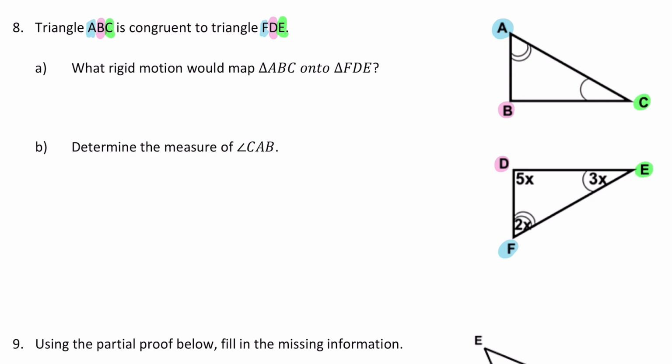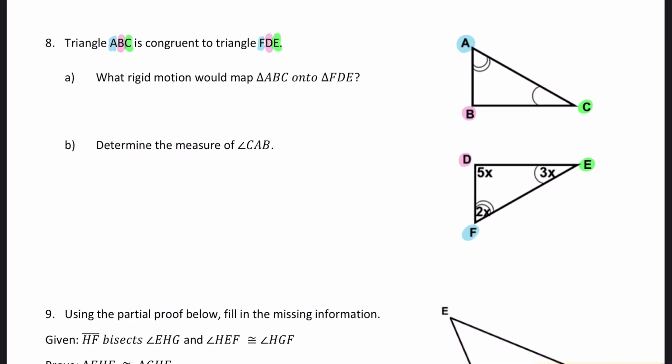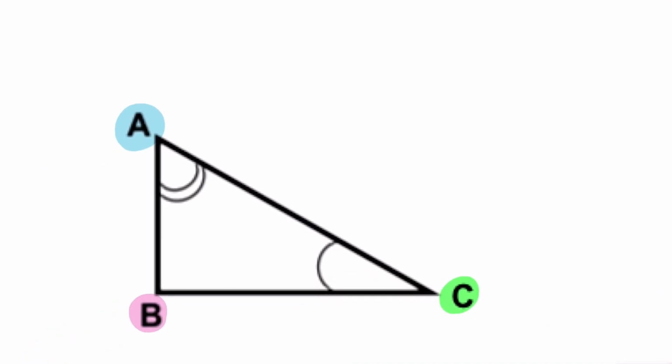So when we talk about what rigid motion would map, let's just talk about the general rigid motions. When I say rigid motion, I mean that it's going to be a rotation, which is a spin, a reflection, or a translation.